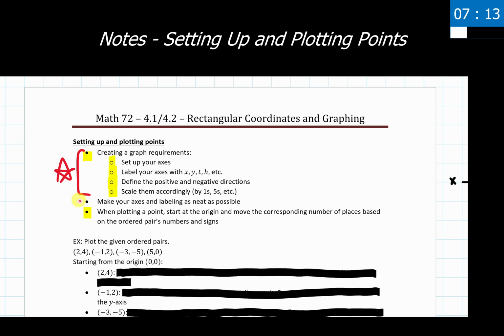So before we dive into those, make sure that we are making these things labeled and as neat and organized as possible. When we are getting tested on this stuff for my class, I will be providing graph paper on tests, so you will not need to worry about figuring it out on lined paper, or how do I do this with blank paper. You will be provided graph paper to help out with that.